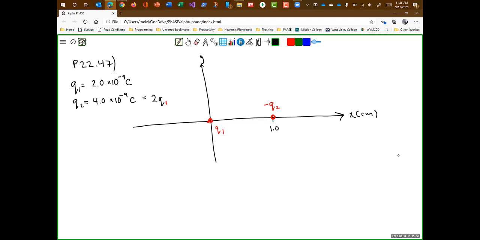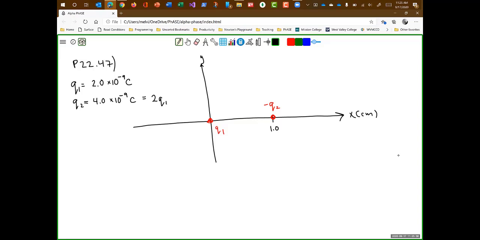You don't have to, but you will see throughout this semester that the algebra often becomes a lot simpler. Since Q2 has twice the charge of Q1 in magnitude, I'm illustrating that by saying Q2 is equal to 2Q1.